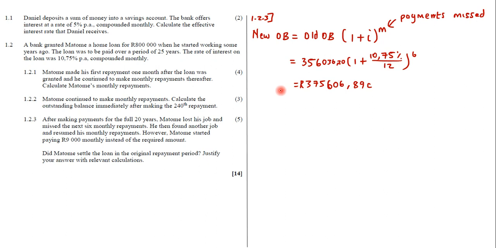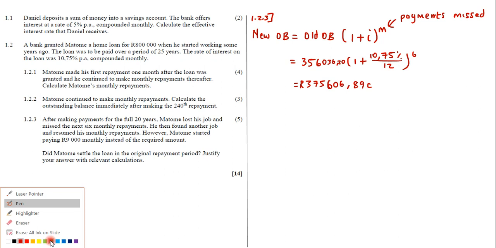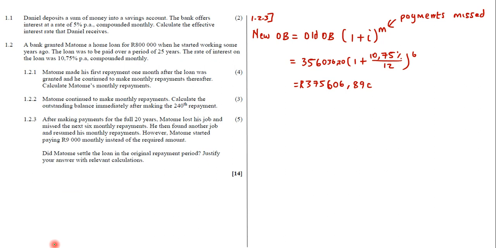So now from here, after knowing that this is the new outstanding balance, it means it's after that 6 months now. So it's 20 years, right? And then after the 6 months, the bank thinks that I have made 246 payments by now. So it means now I'm left with how many payments? This is going to be 54 payments left to fill in the whole 25 years, right? Okay. Now, how do I know this is 54?